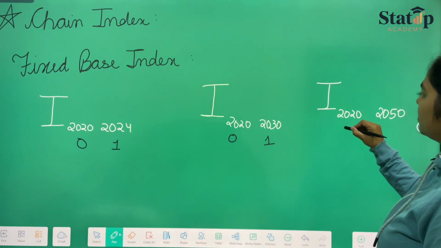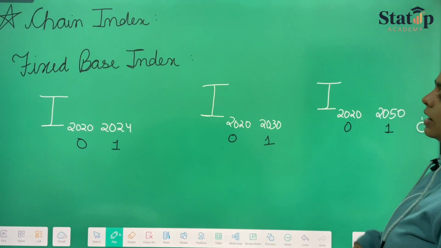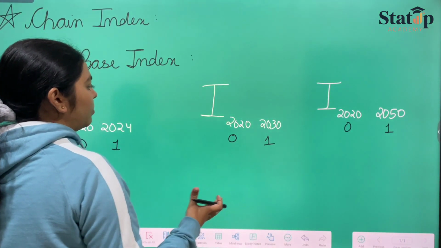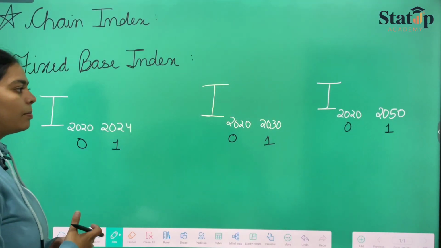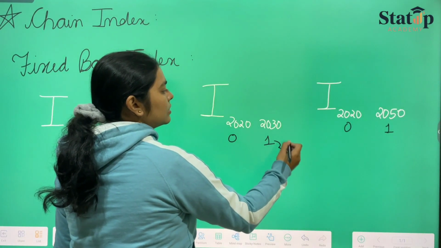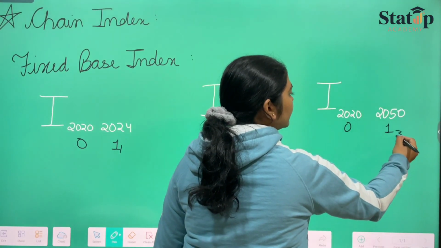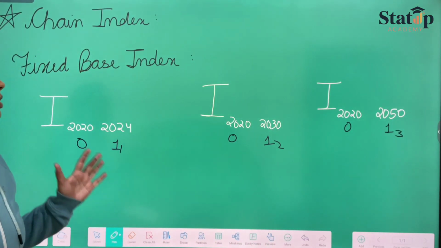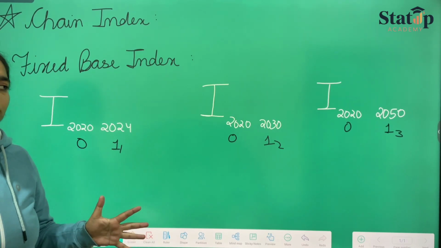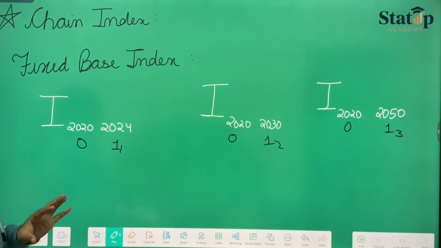So in these three index numbers, the base year is the same, but the current year is changing: first it is 2024, second 2030, and third 2050. So these index numbers are known as fixed base index numbers, where the base year is fixed.